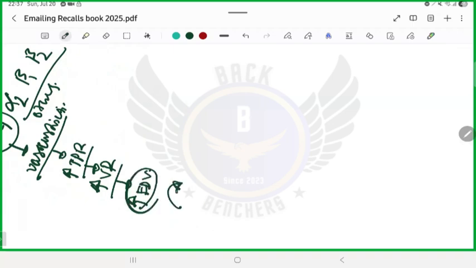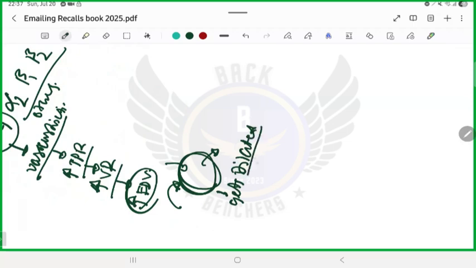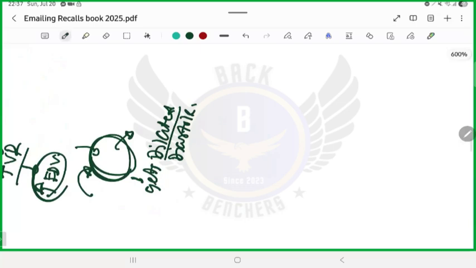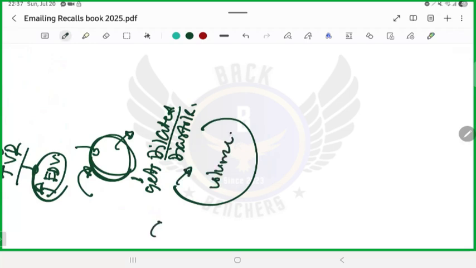The more blood comes into your heart, the more the heart gets dilated, and dilation of the heart is diastole. So at full diastole, we get the volume. If, let's say, 6 liters of blood comes, our end diastolic volume would be 6 liters.